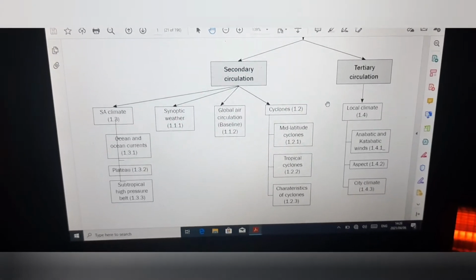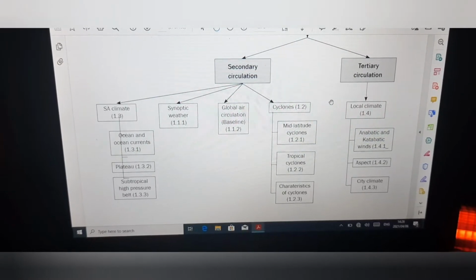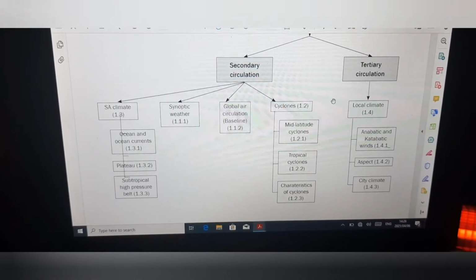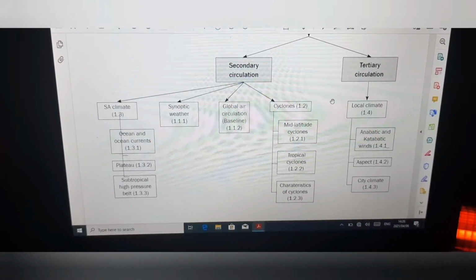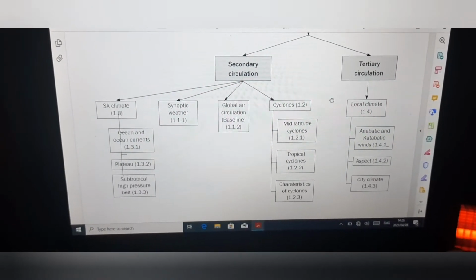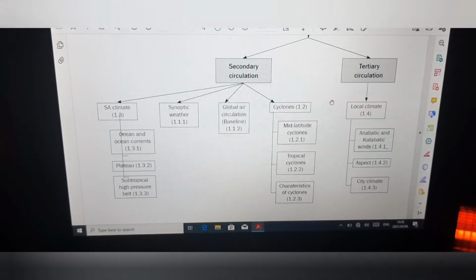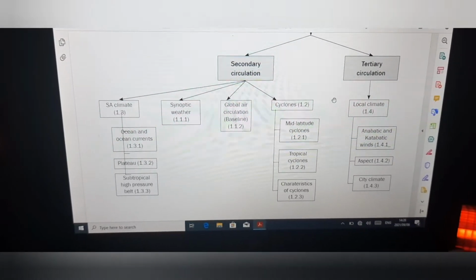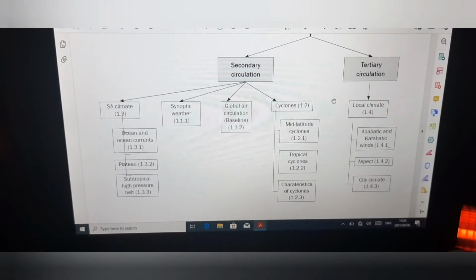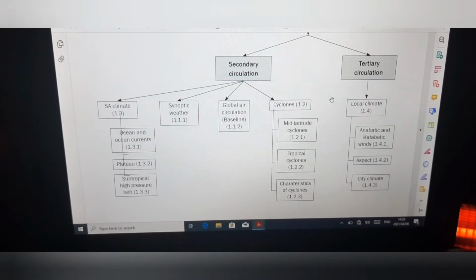And then under SA climate, we have ocean and ocean currents. We have plateau. We have subtropical high pressure belt. So these are what we're going to cover in our chapters. Under cyclones, we have mid-latitude cyclones, tropical cyclones, characteristics of cyclones.